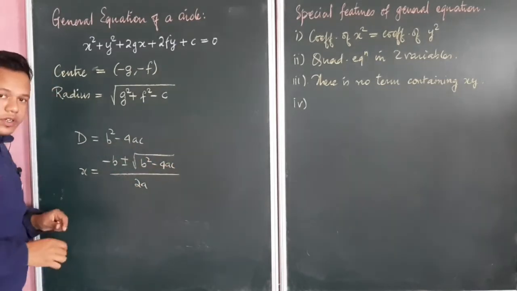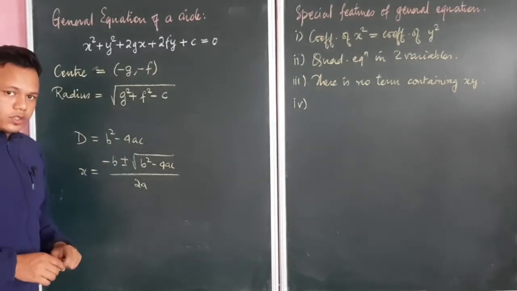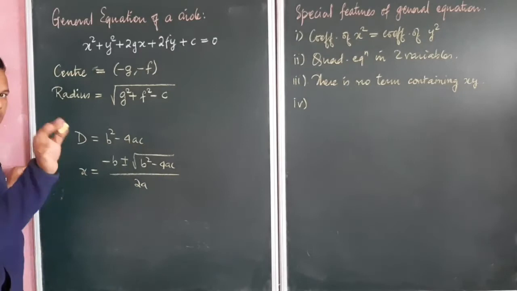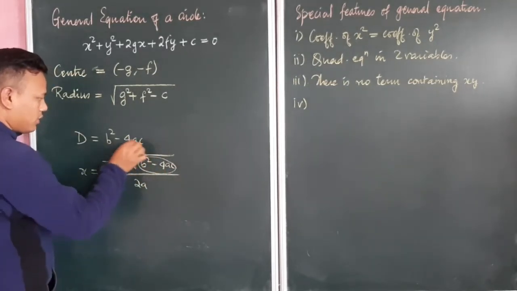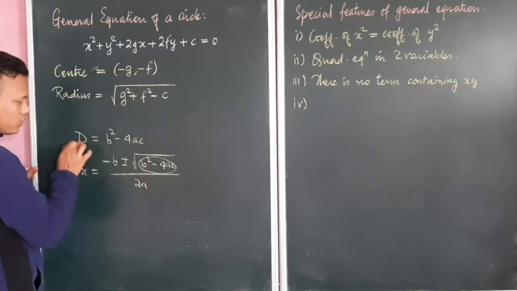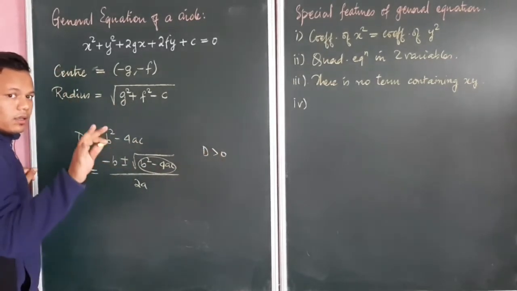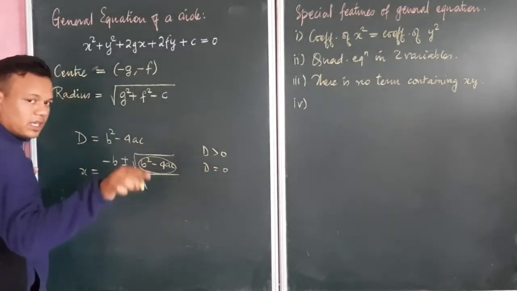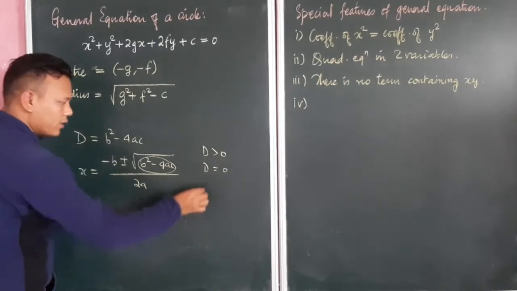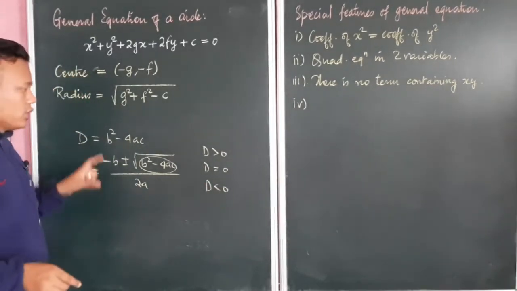And you learned something called nature of roots. Nature of roots was decided using this discriminant D. If D is greater than 0, then the roots will be real and unequal. If D is 0, then the roots will be equal and real, and if D is negative, then the roots are imaginary. That's what you learned.